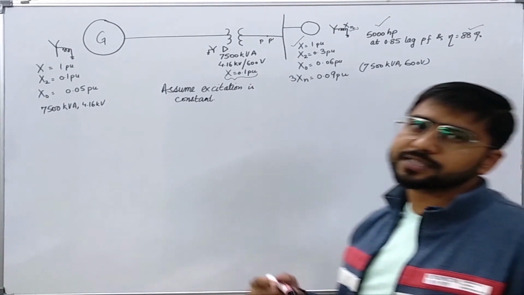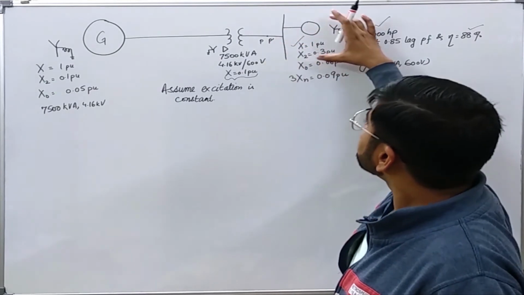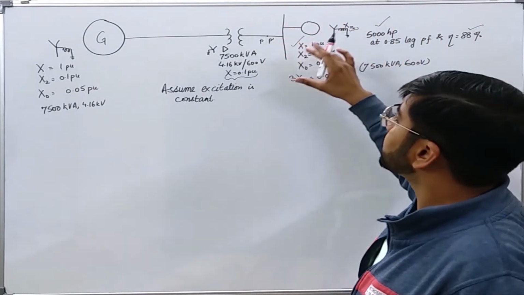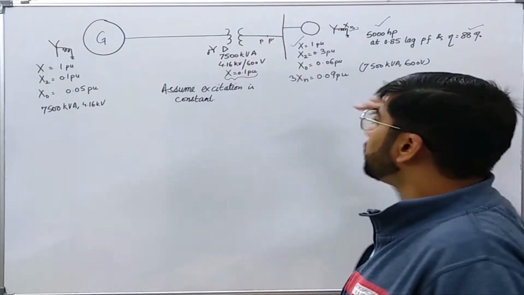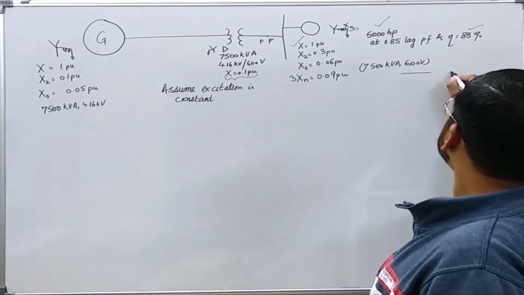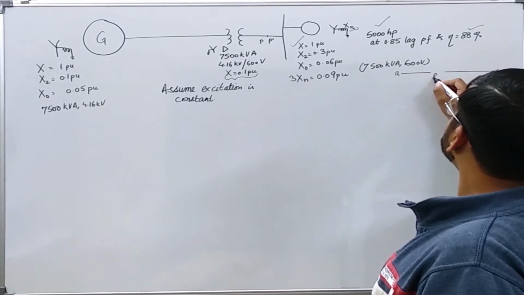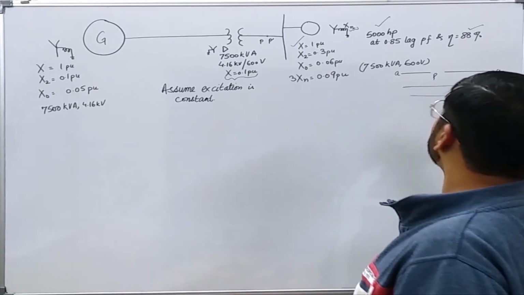Now we are given a scenario that while it is giving this load, at this point P, on the terminals of the motor, one of the phase conductors, let us say phase A, gets open and the remaining phases are closed.